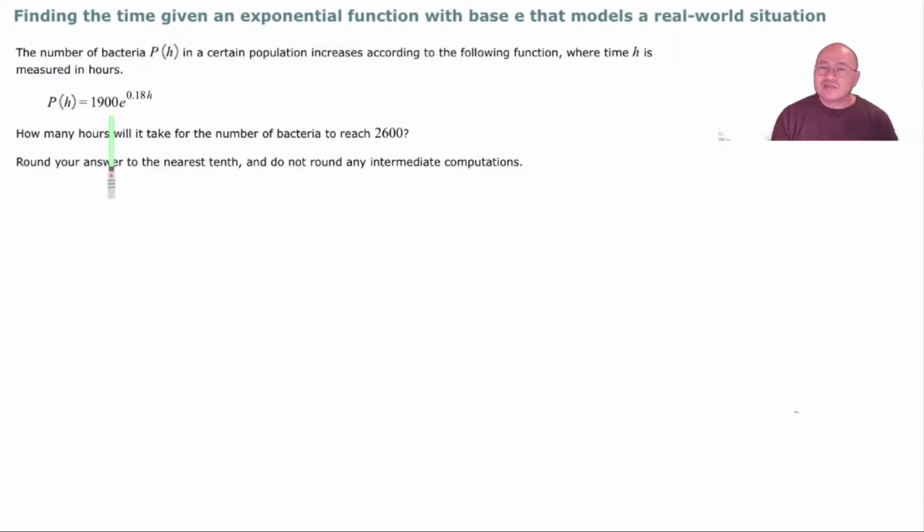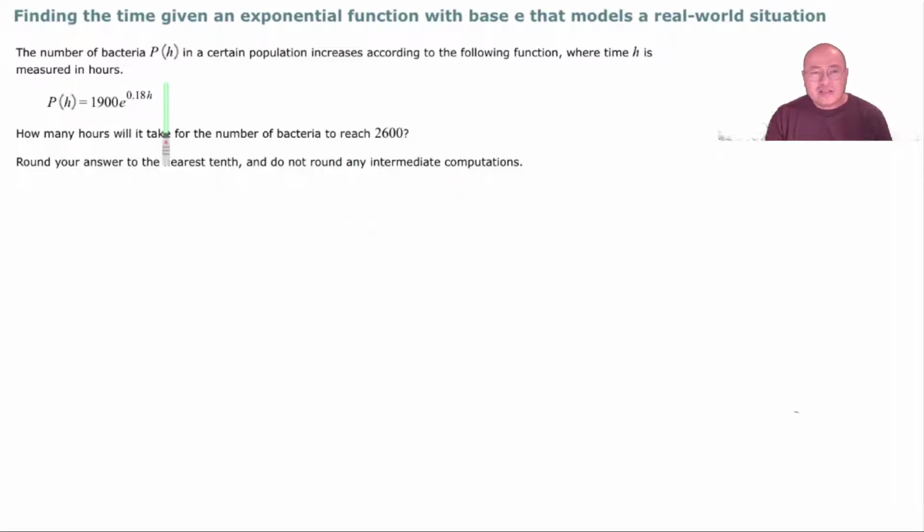P of H is equal to 1,900 times base e raised to the 1/800th times H. How many hours will it take for the number of bacteria to reach 2,600? Round your answer to the nearest tenth, and do not round any intermediate computations.